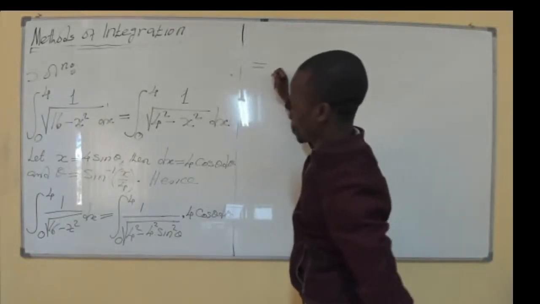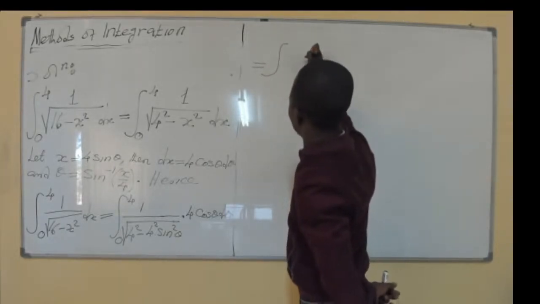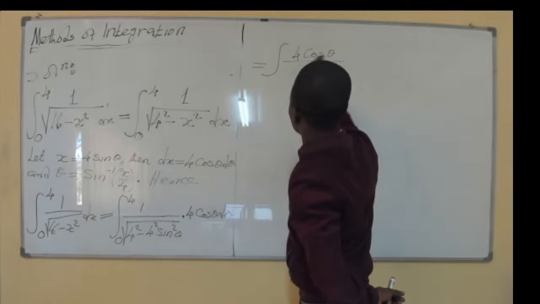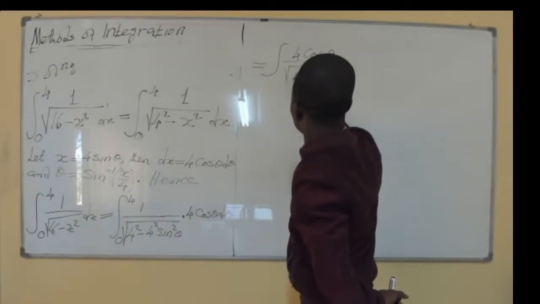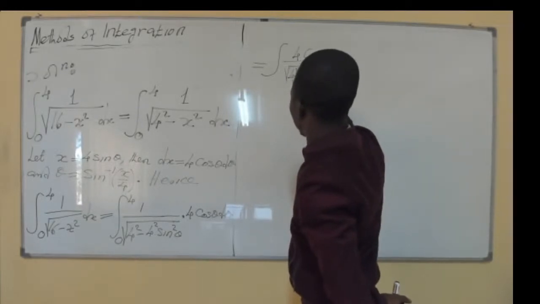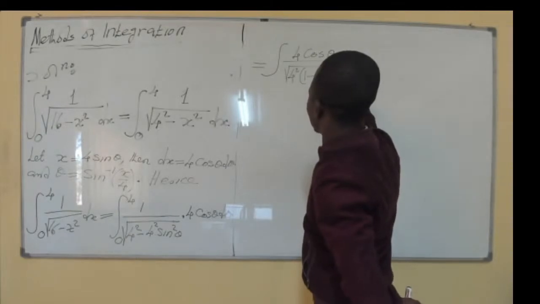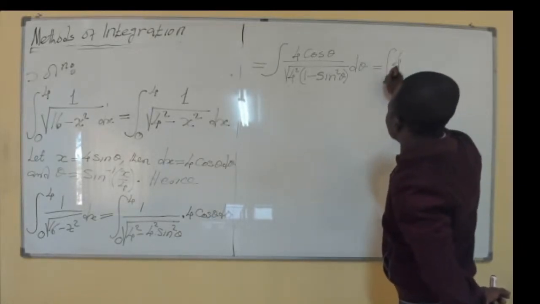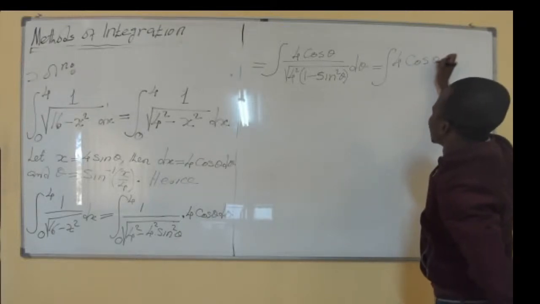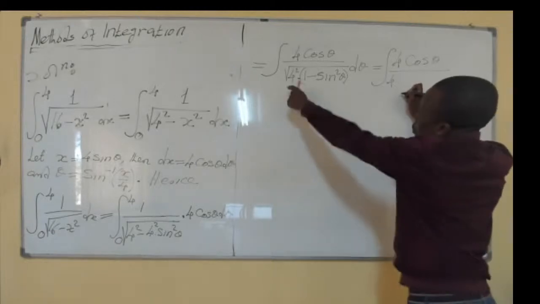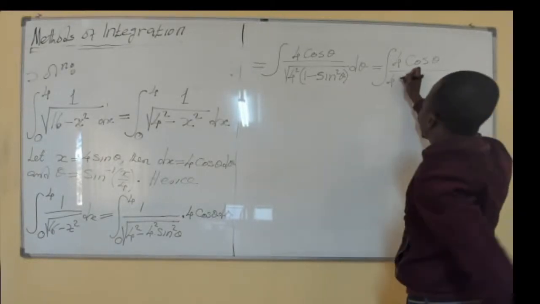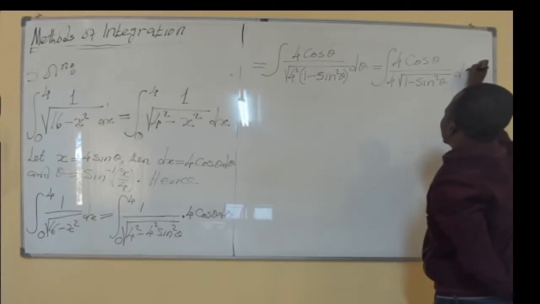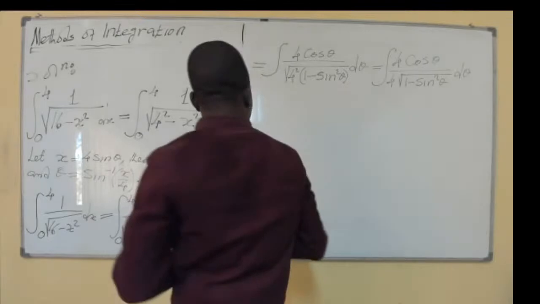This is equal to the integral of 4 times the cosine of theta over the square root of 4 squared times 1 minus sine squared of theta d theta, which is just the same as 4 cos theta over 4, when you use the rules of indices, times the square root of 1 minus sine squared of theta d theta. Okay?